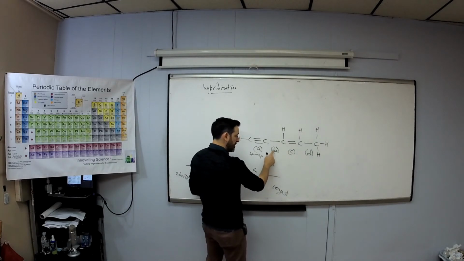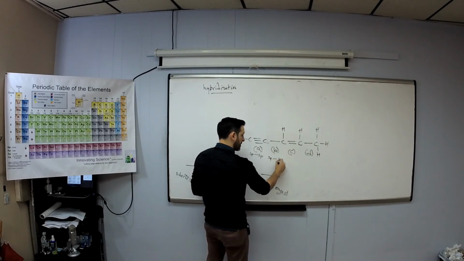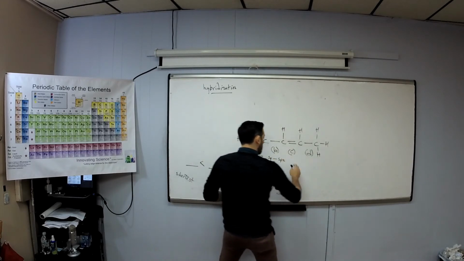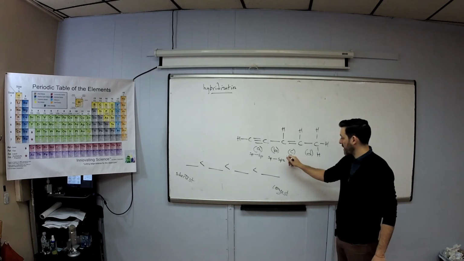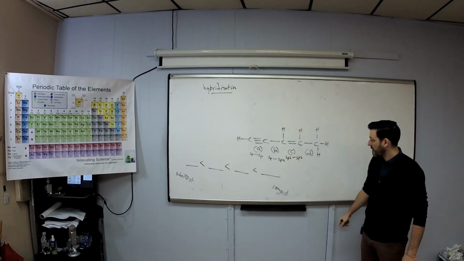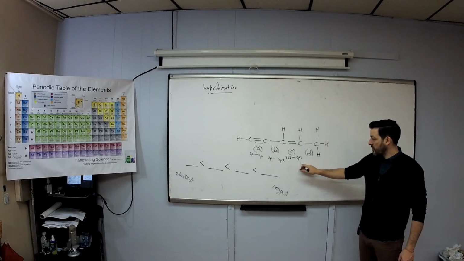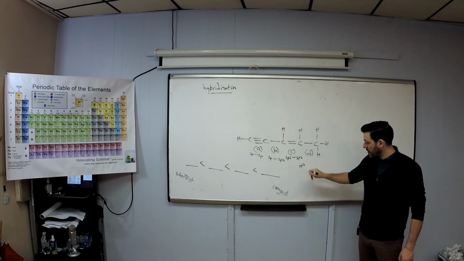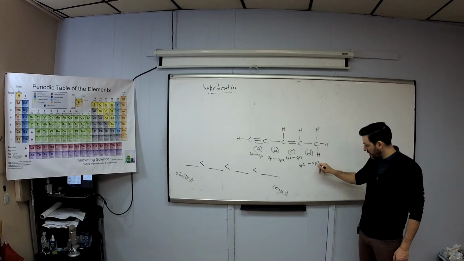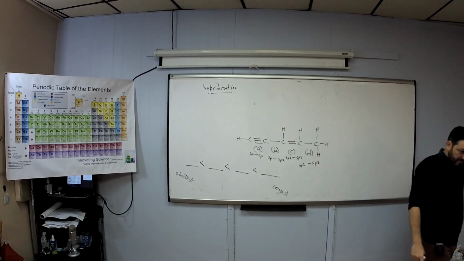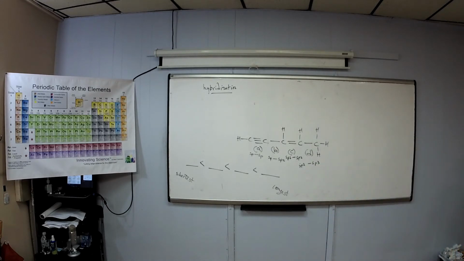B is a connection between sp and sp2. C is a connection between sp2 and sp2. And D is a connection between sp2 and sp3. When you write it that way, does it become obvious which one's the shorter one and which one's longer?